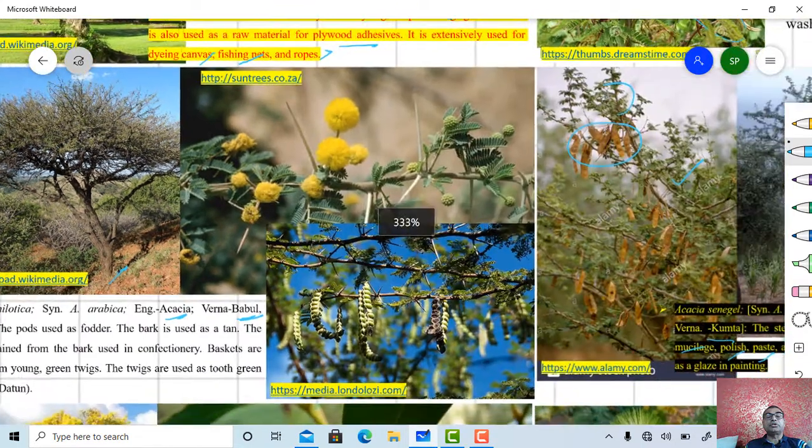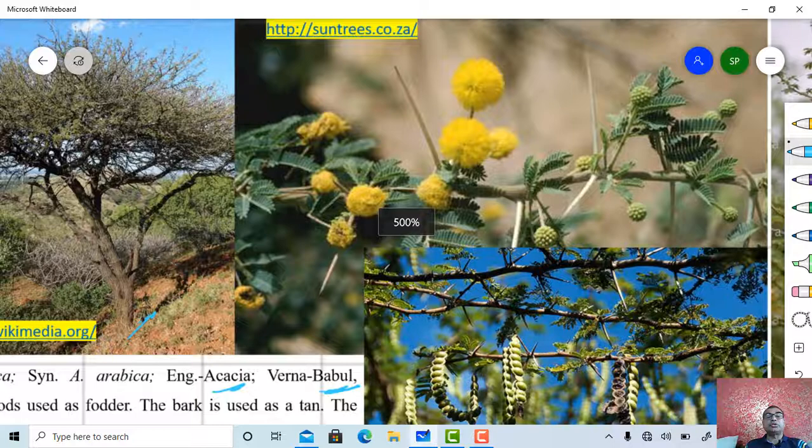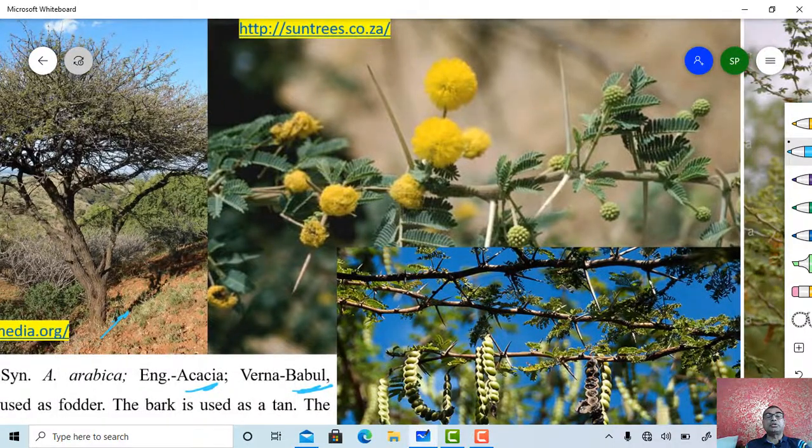This is one of the twigs or one of the branches. See, such a type of compound leaves are present here, pinnately compound type of leaves. Then these are the stipules which form spines, edged or pointed spines which are present here as stipules.